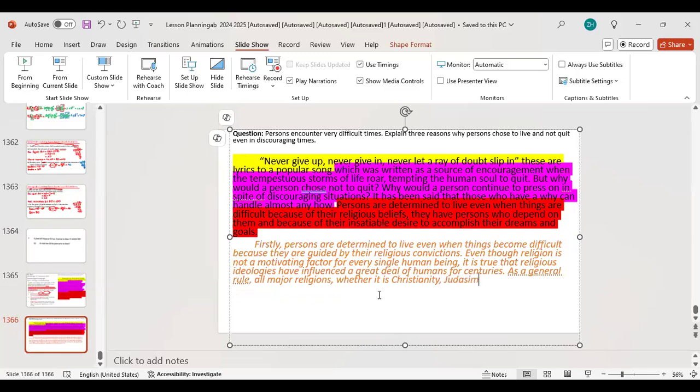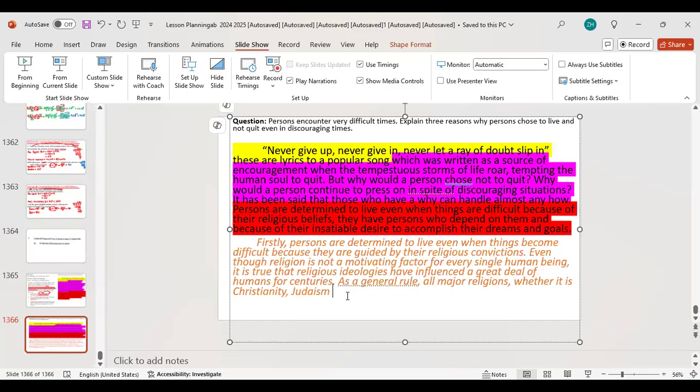Judaism, and Muslims, highlight the sanctity of life. Right? So they believe that life is precious.